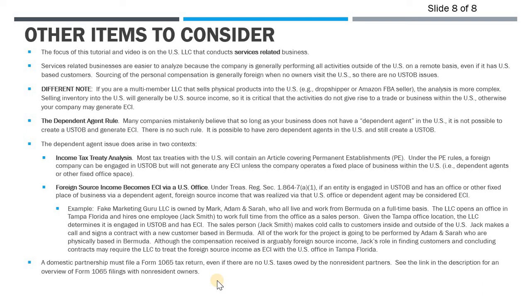So Mark, Adam, and Sarah won't have to file 1040-NRs. They won't have to pay any income taxes in the U.S. because their entity is not engaged in U.S. trader business and has no U.S. source ECI. But under the reporting rules, a domestic partnership must still file a 1065.